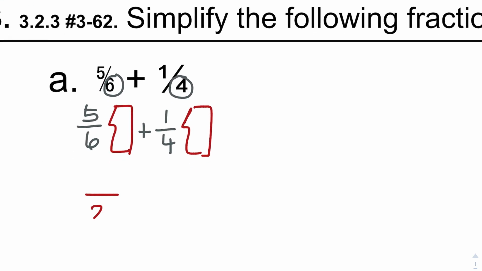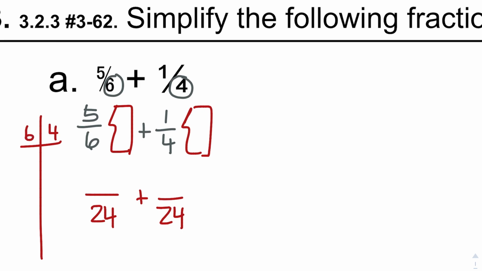So in order for us to have a common denominator, we needed to find it. I quickly found it, but in case you don't know how I did it in my head, you put the denominators as a list like this, okay? And then you count, skip count, or find the multiples of 6. So the first one is 6 times 1 is 6, 6 times 2 is 12, 6 times 3 is 18, 6 times 4 is 24.